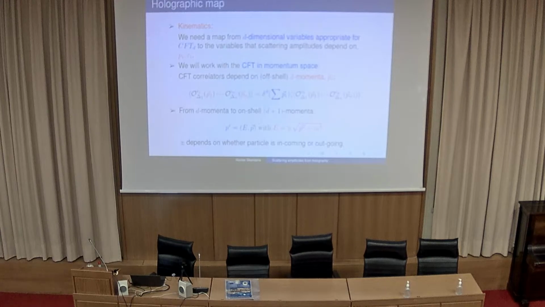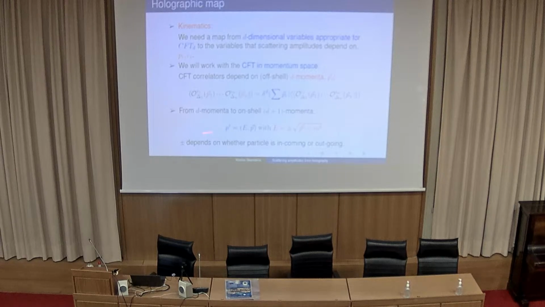But over the last 10 years or so, I have worked quite a bit developing how to work out the CFT in momentum space. So if you work in momentum space, the n-point function of a CFT is determined by off-shell momenta. And then because you have translation invariance, you automatically have a momentum preserving delta function.